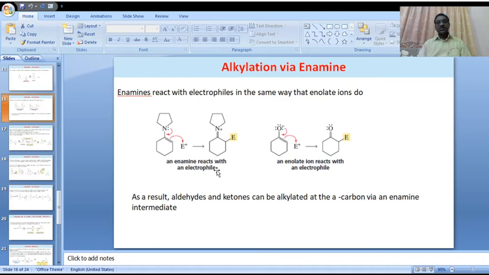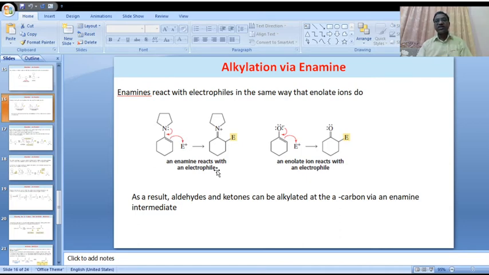As a result, aldehydes and ketones can be alkylated at the alpha carbon via an enamine intermediate. Is it clear? In this reaction, the enamine intermediate is converted into an alkylated carbonyl compound.